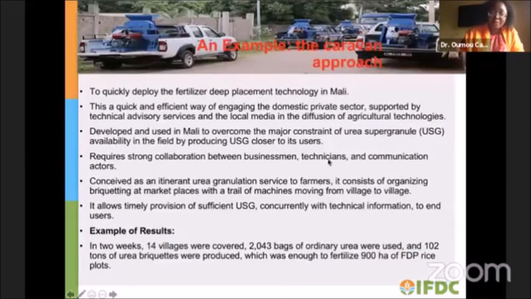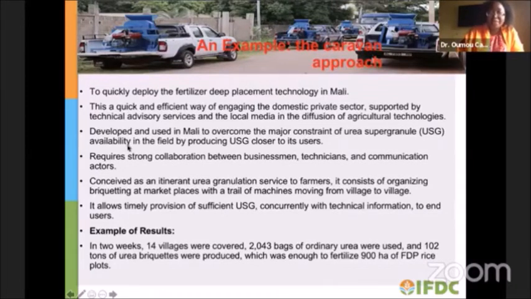An example of that is what I call the caravan approach that we have used in Mali. It's a quick way of engaging the private sector to produce fertilizer briquettes for farmers. You train the private sector and help them invest in the briquette machines, which are loaded in pickup trucks, and then you make sure there is a continuous demand for the briquettes.